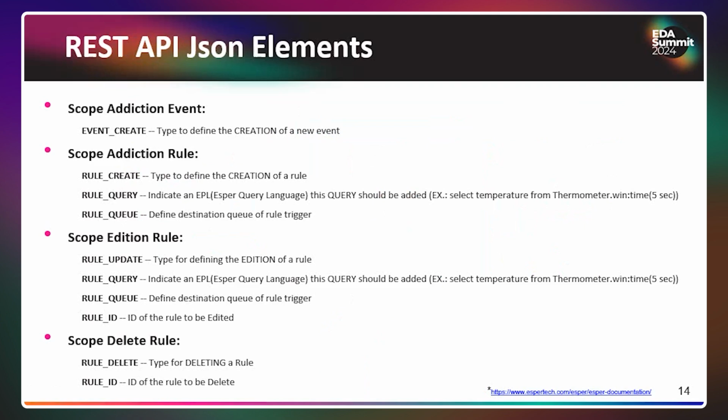These are the tags or the scope of the REST requisition here: the scope event create to create a new event, the scope of addition rule, the scope of edit rule, and the scope of delete rules.